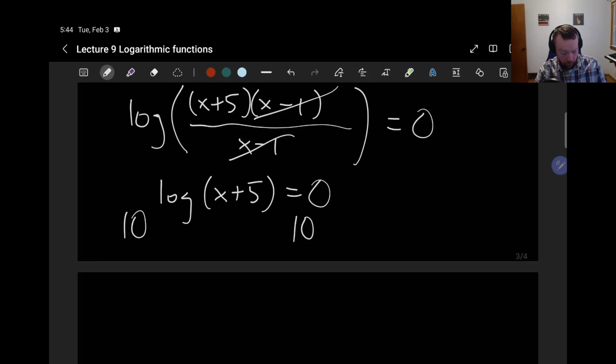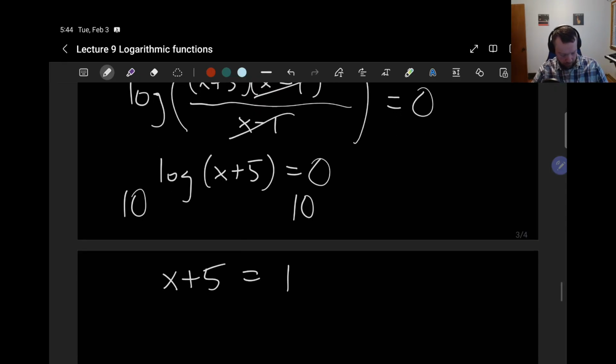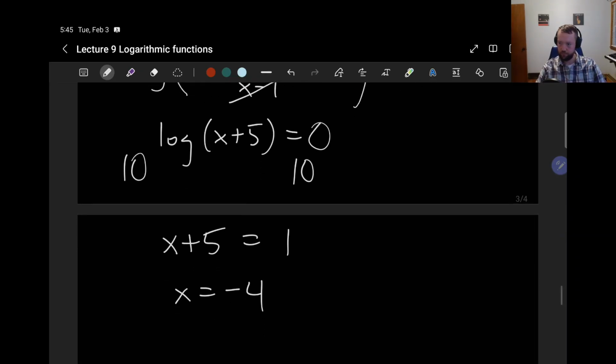So 10 to the log of x plus 5, that cancels off the log. And over here we have 10 to the 0, which is 1. So don't forget to apply that 10 to the other side. And now we can finish. X equals -4.